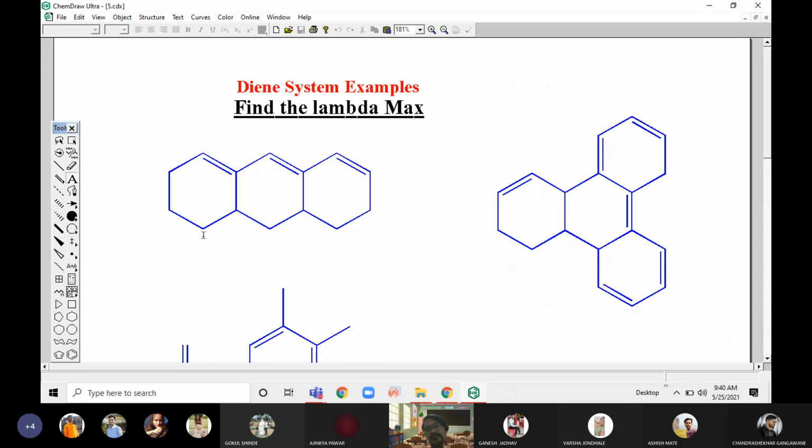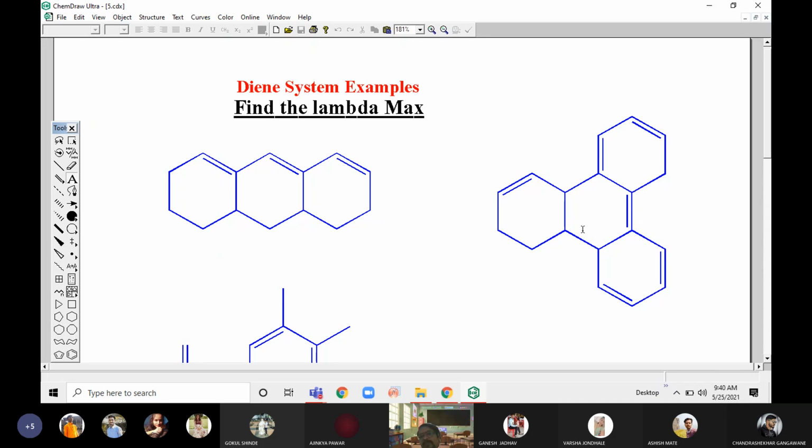As you are moving, there is no exocyclic bond for the A ring. For the B ring there will be 1, and again there is none. For C, there is 1. So total 2, which means you have to add 10 nanometers. For substituents, there will be 1, second, third, and fourth. So total 20 nanometers you have to add.